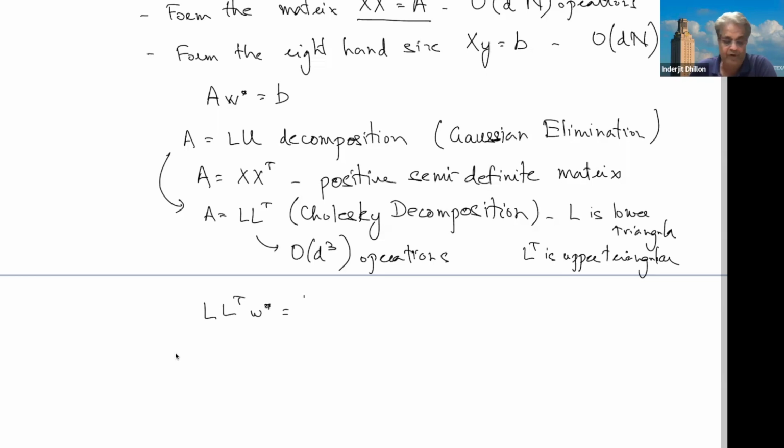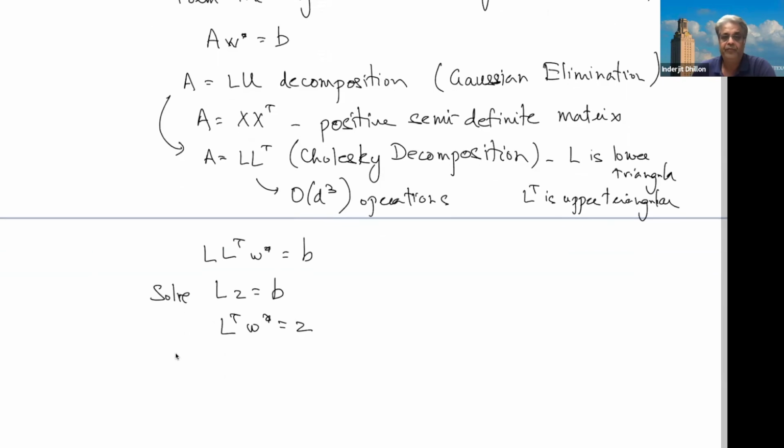I need to solve for W star. I can do it in 2 steps. I can solve for Lz equal to b, and then L transpose W star equals z. Okay, and just think about what this is. L is a lower triangular matrix. z is a vector. b is a vector, right?